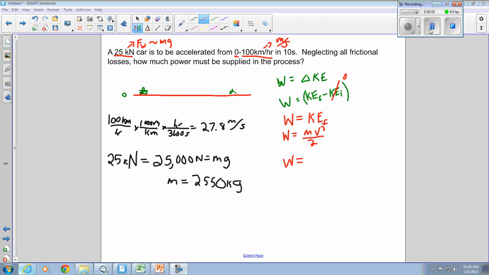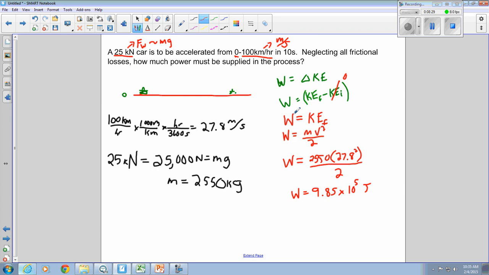So work equals mass, 2,550 kilograms, times velocity, 27.8, squared, divided by 2. And we will get 9.85 times 10 to the 5th joules.